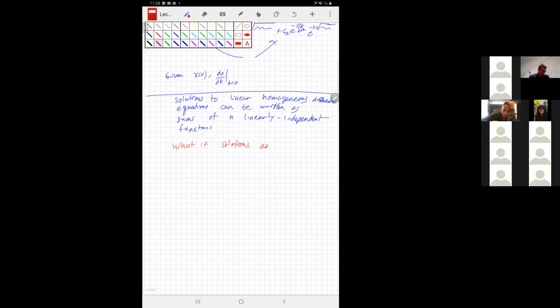What if our solutions are degenerate? Then e to the lambda t and t e to the lambda t are both solutions.